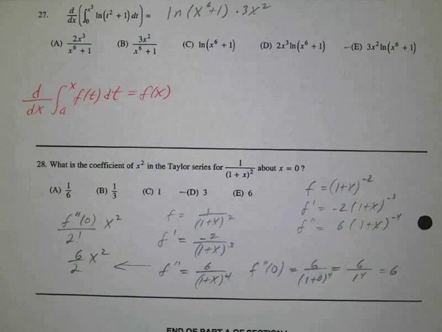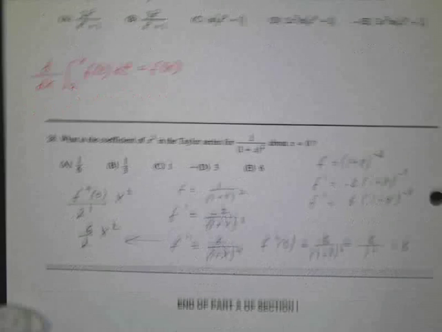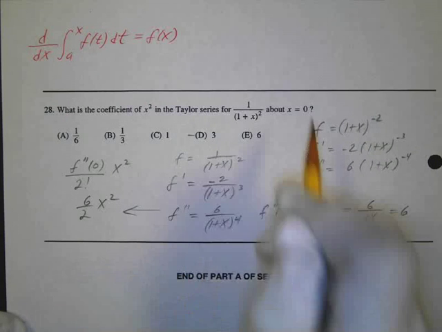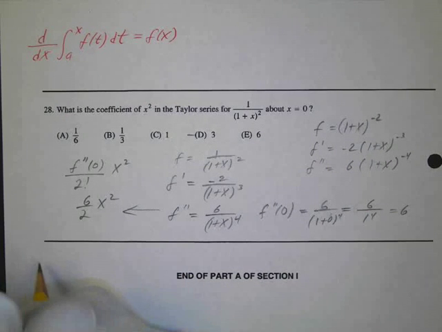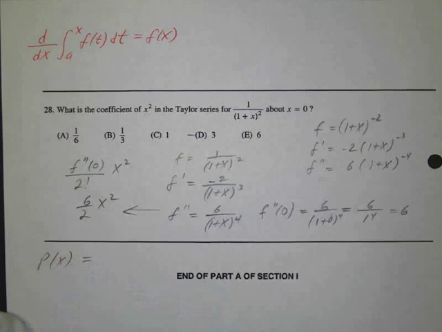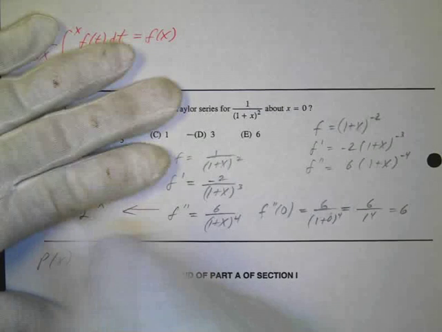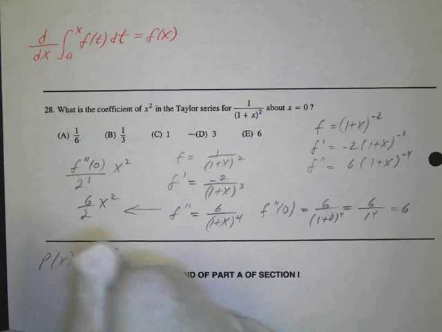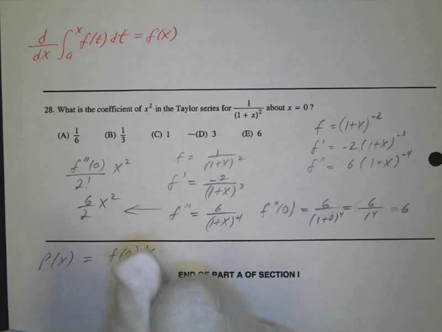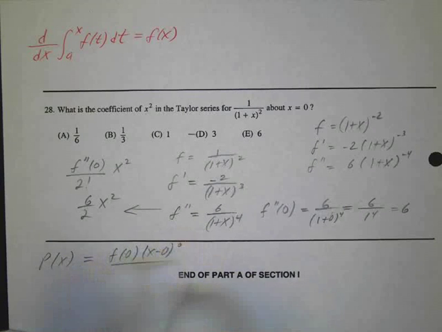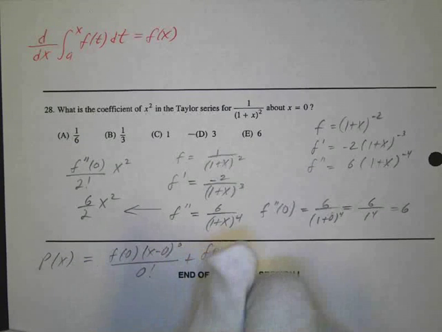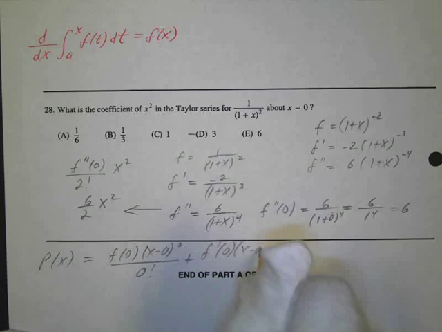Well, we know the Taylor series, if we look at the expansion, and this is about x equals 0, so we know the first term is going to be, well, I'm sorry, it's going to be f of 0, then f prime of 0.